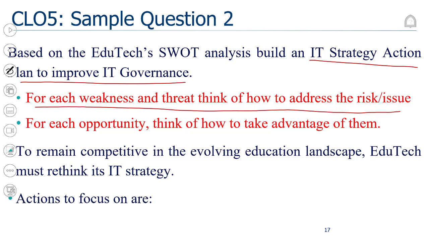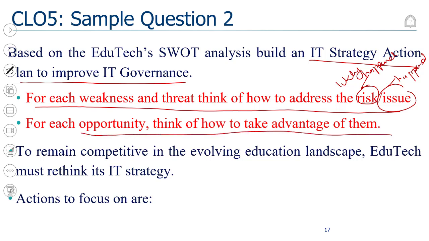Now, risk is very different. Risk has not happened, but is likely to happen. An issue is anything that has happened. For those of you who have done project management, you know the difference between the two. For each opportunity, think of how we could take advantage of them.